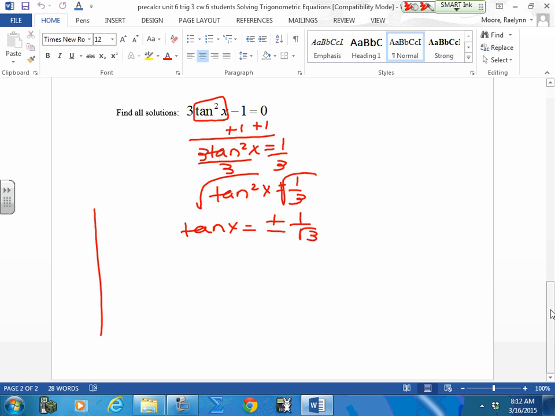So, this takes me to all 4 quadrants, positive and negative. And my tangent is 1, y over x, radical 3. What's my reference angle? All I need is 1 reference angle. 30. How many times does 30 go into 180? 6. So this is 6 pi over 6. This is 12 pi over 6.